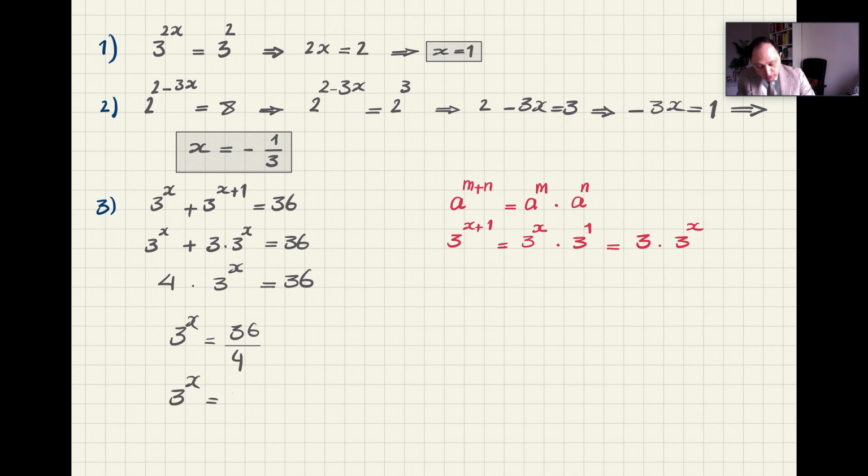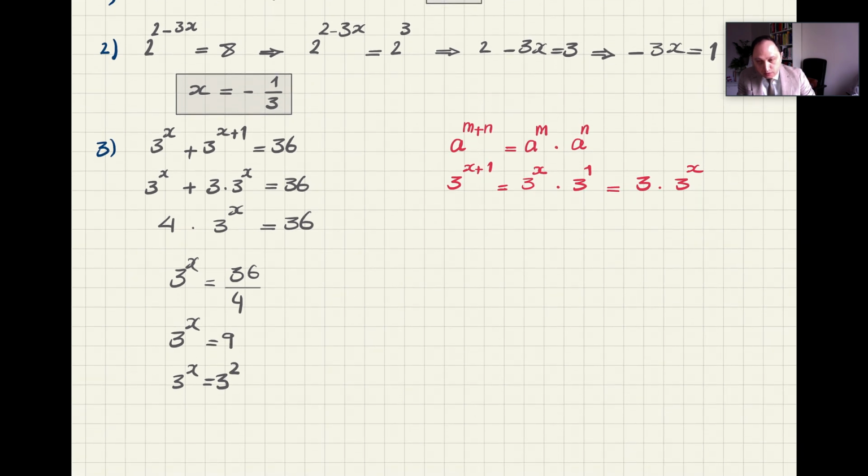But again, 9 can be written as 3 to the power 2. Now I have equality between two powers with the same base, so I can conclude that the exponents have to match. And that is the simple solution for this problem.